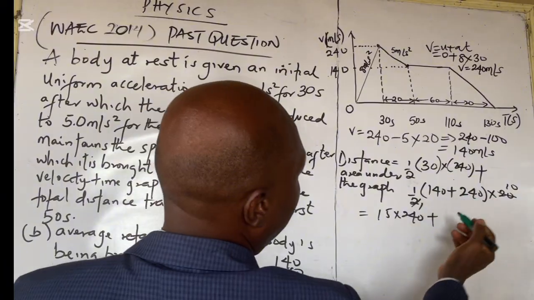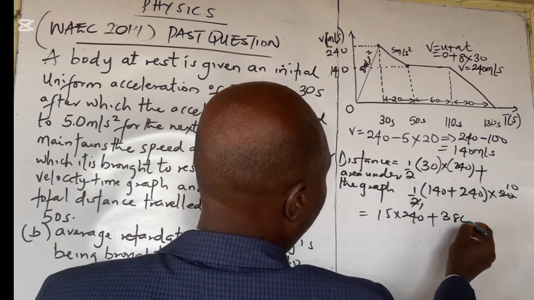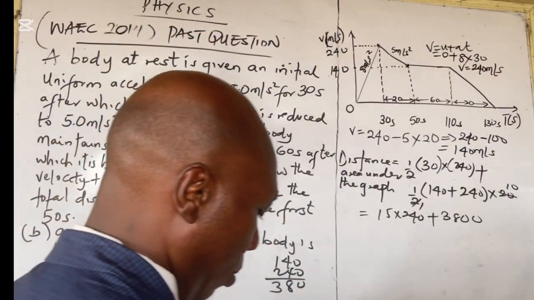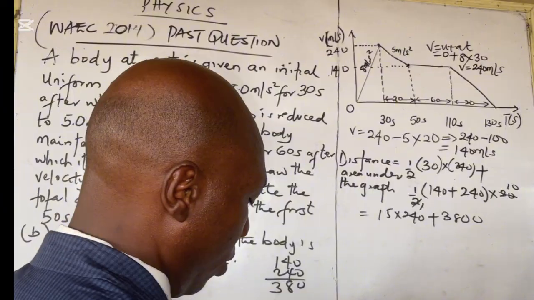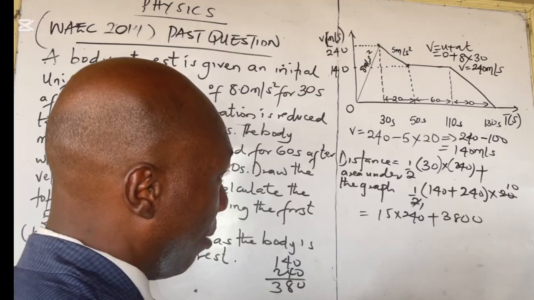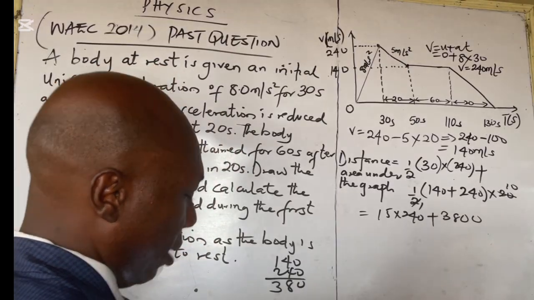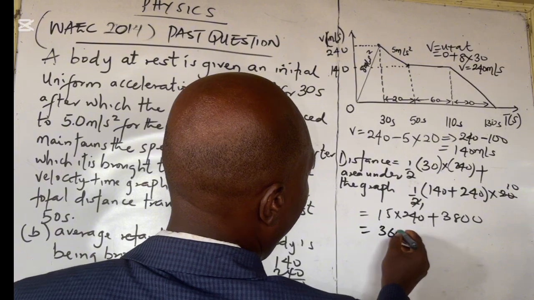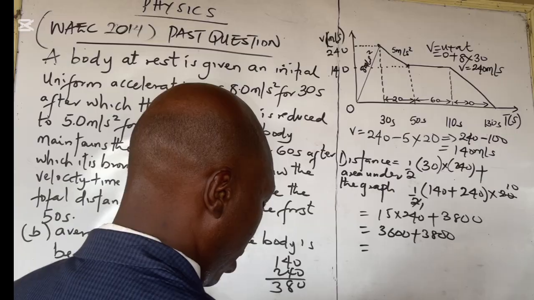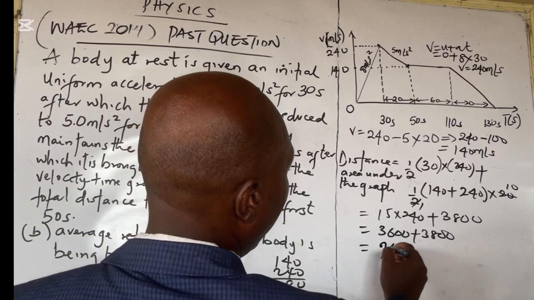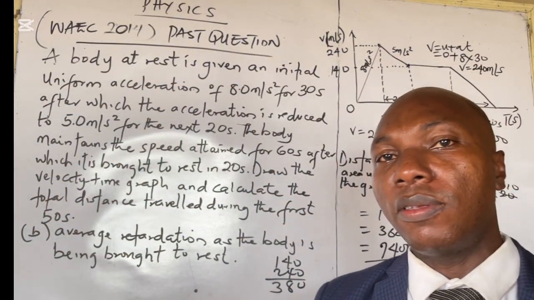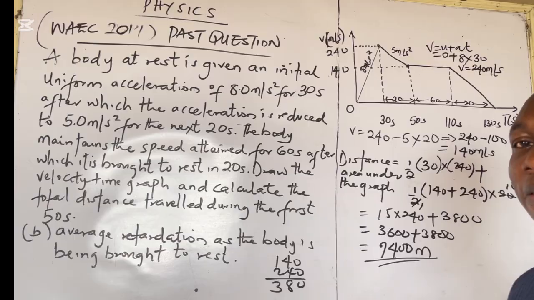So 380 times 10 is 3,800. Then we have 15 times 240, that's 3,600, plus 3,800, so that will give you 7,400 meters. So the distance covered in the first 50 seconds under the velocity time graph is 7,400 meters.